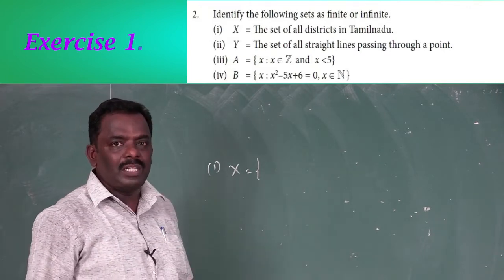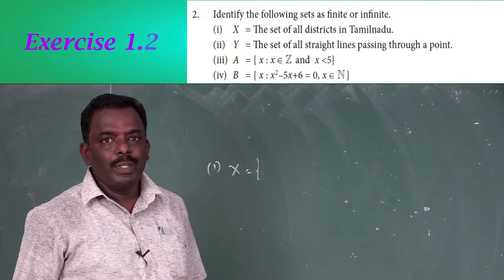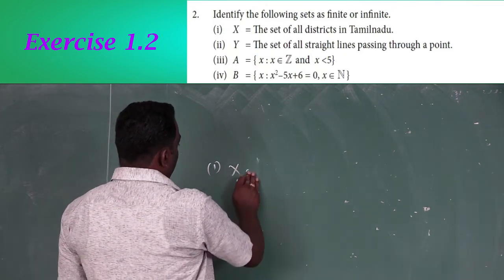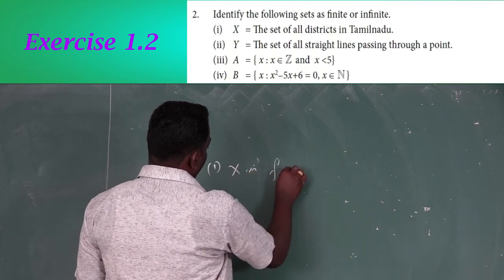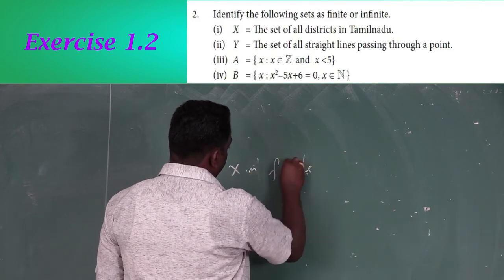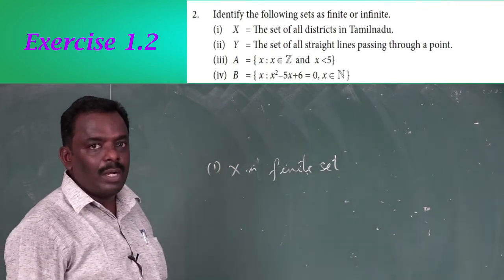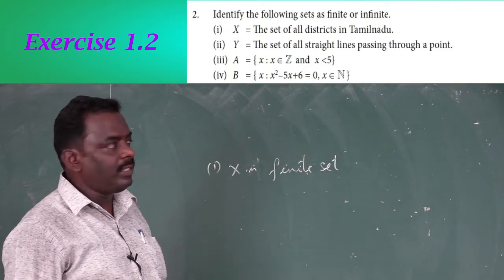So how many districts are there in Tamil Nadu? It is countable only. Therefore, the number of elements is countable and X is defined as a finite set. The number of districts in Tamil Nadu is countable. Therefore, it is a finite set.